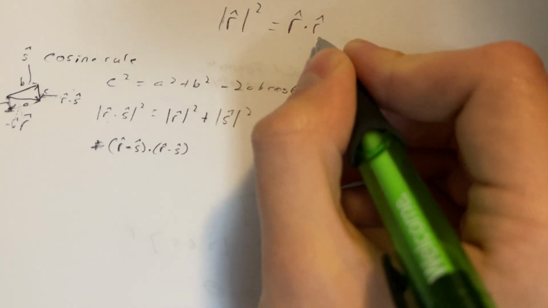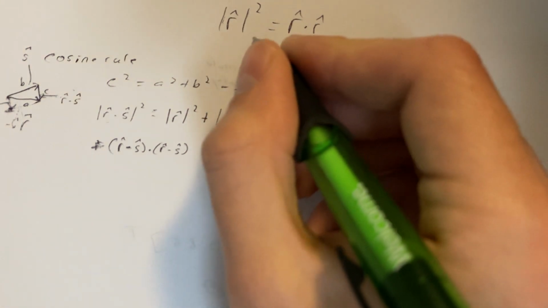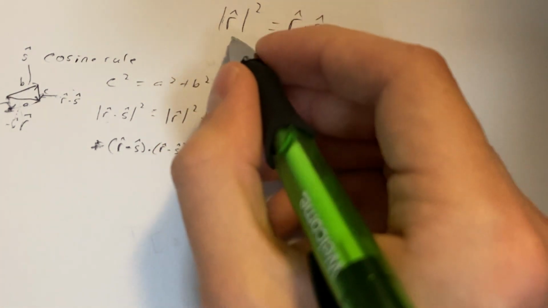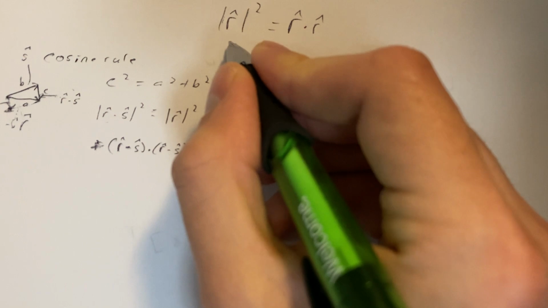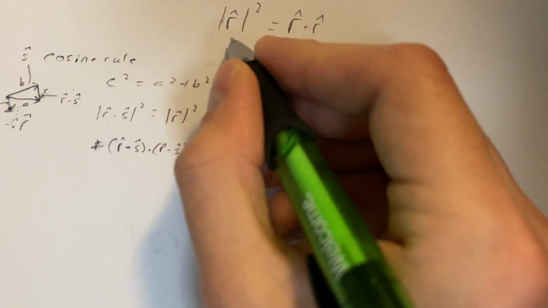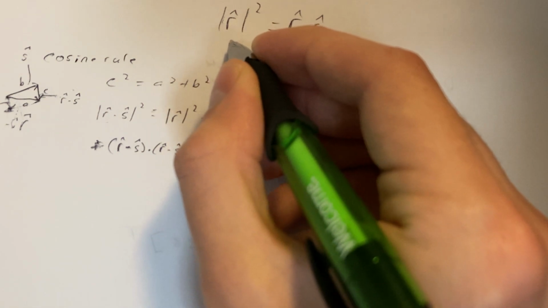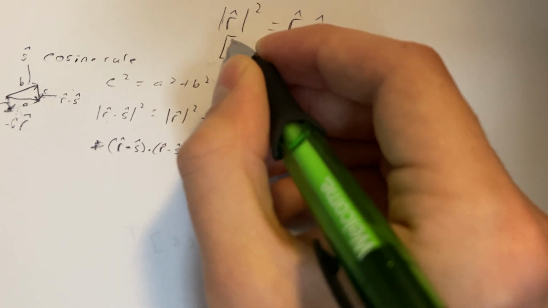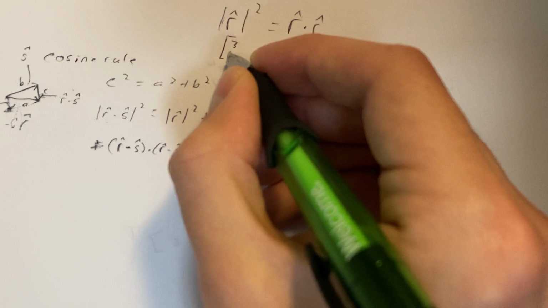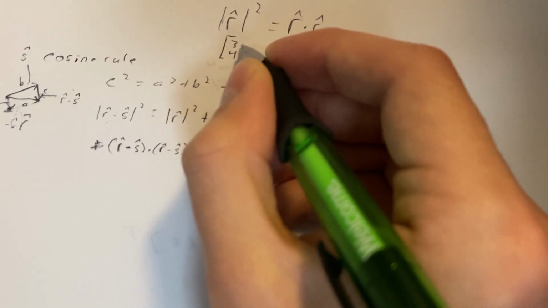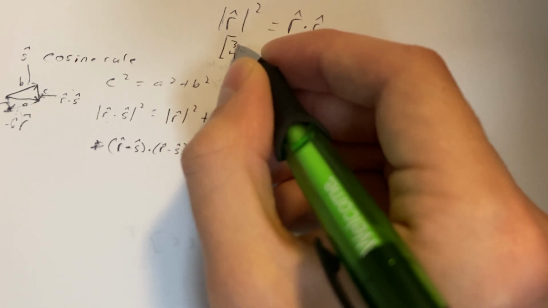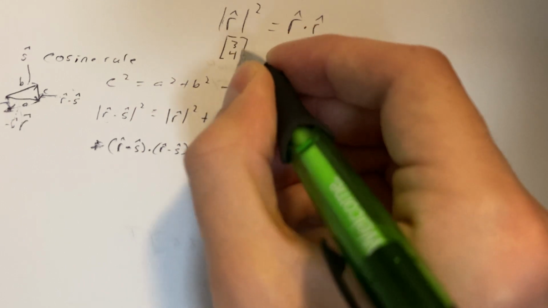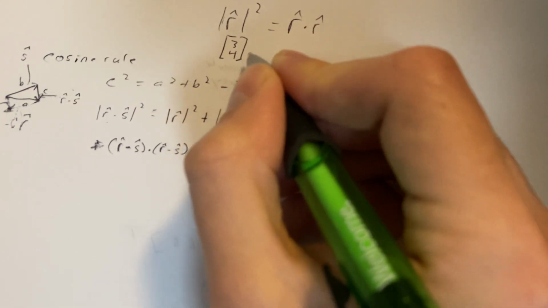That right there might not yet be intuitive to you, but one way you could think of it is, let's say we know that R itself is a vector of dimension 2 or 3. Let's say it's dimension 2, and its first variable has length 3, the next one has length 4.